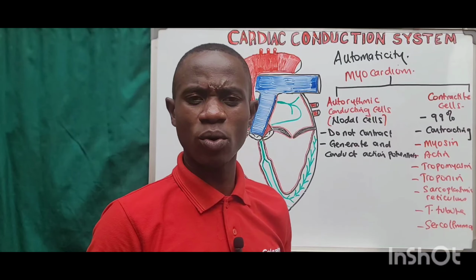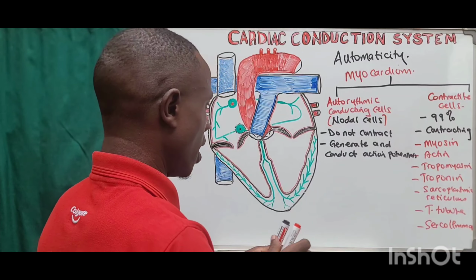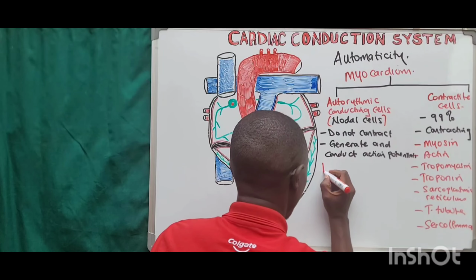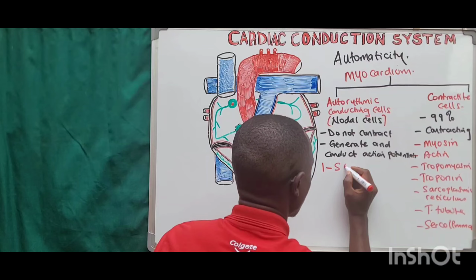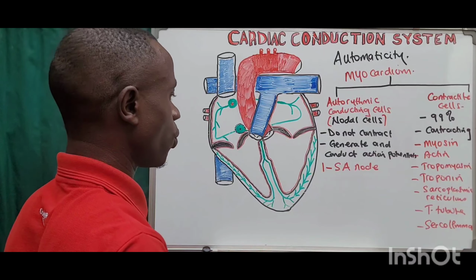There are a couple of different kinds of these nodal, or autorhythmic conducting, cells. The following are examples. The first one is the SA node, or sinoatrial node.